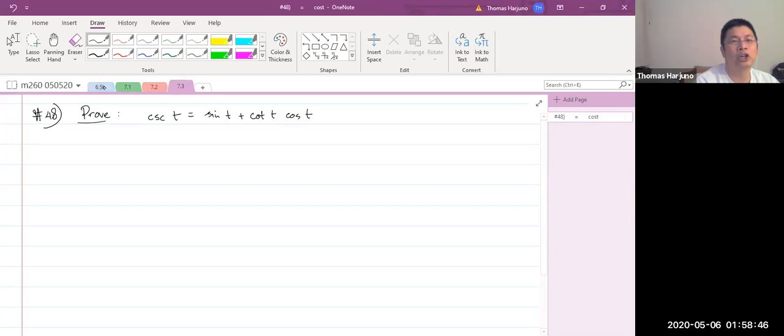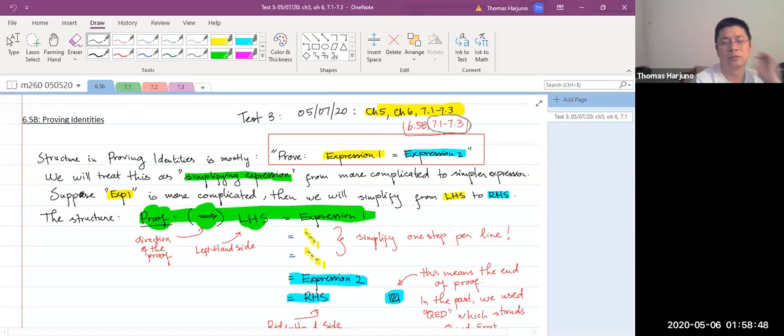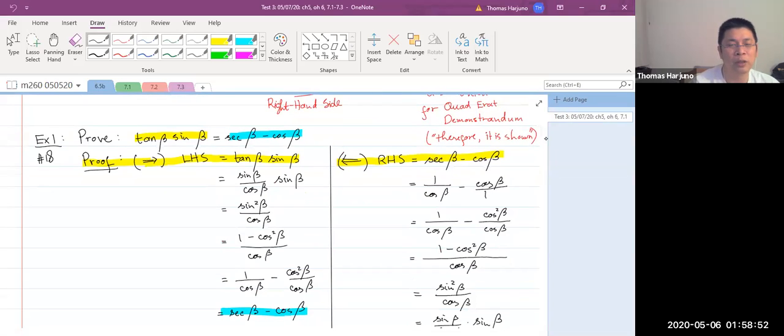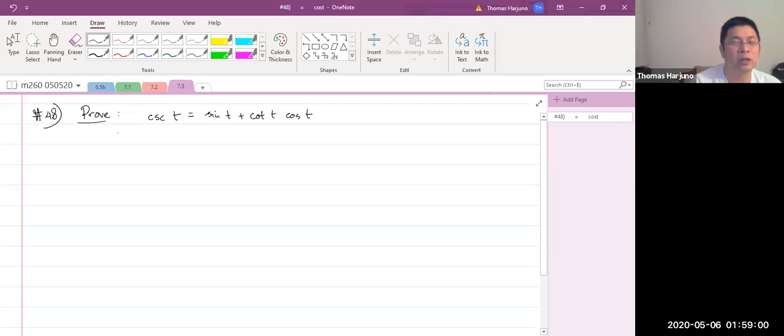Notice that when we learned to prove earlier, it actually has nothing to do with the fact that the angle is in degrees, right? So we can prove this even though the t is in radian. You just do it the same way. See section 6.5b.